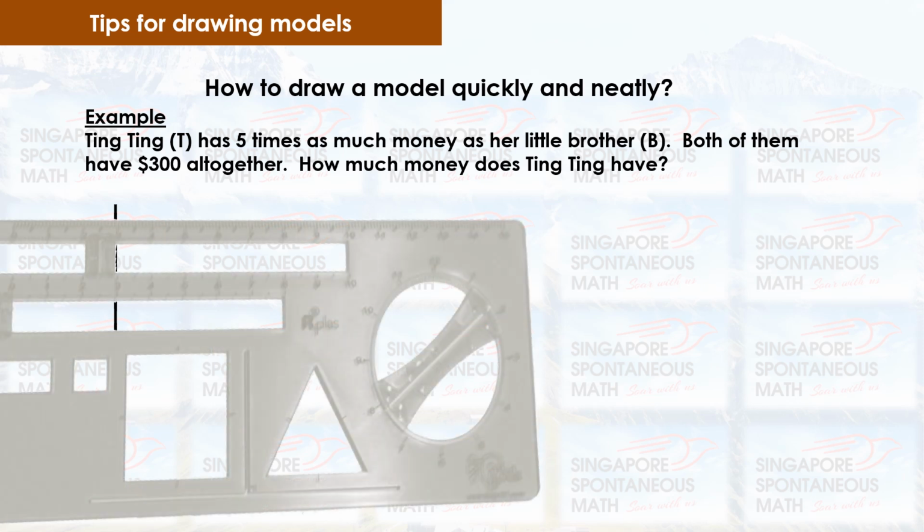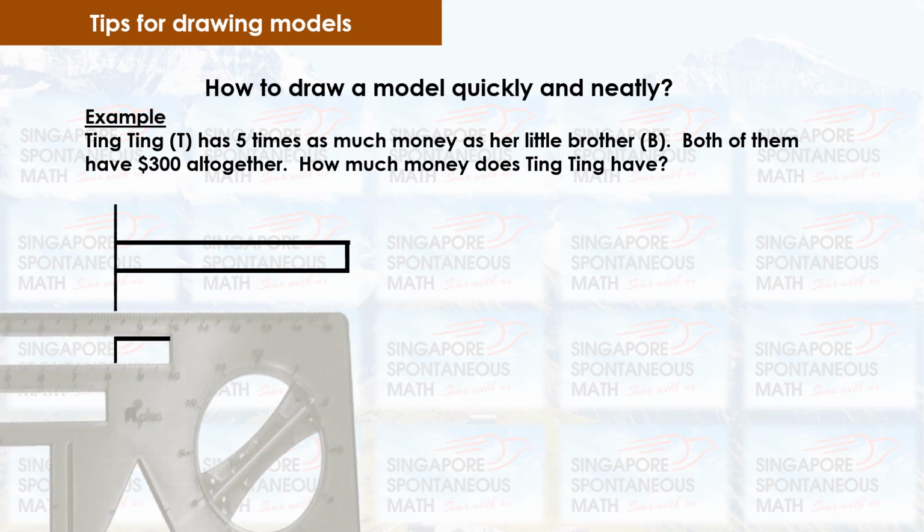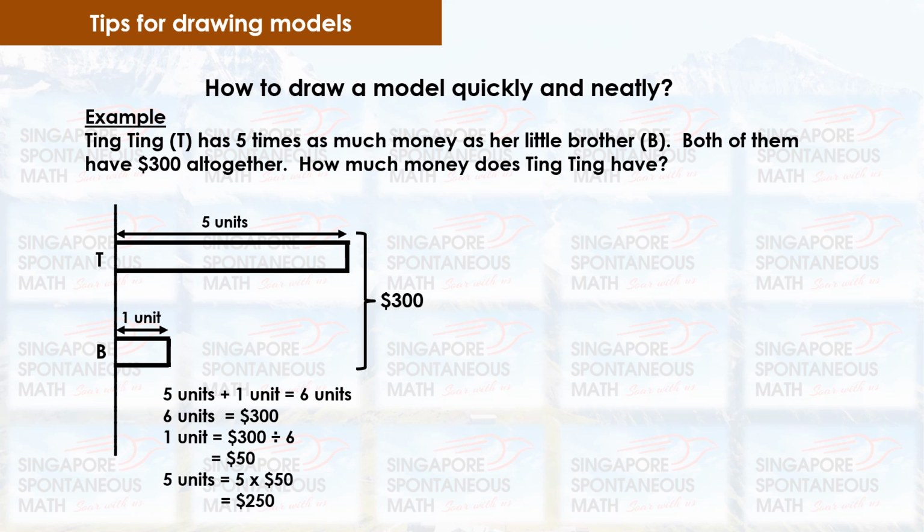Place the stencil against the vertical line as shown. Ting Ting has $250.